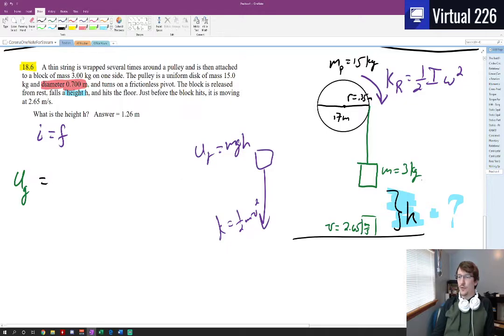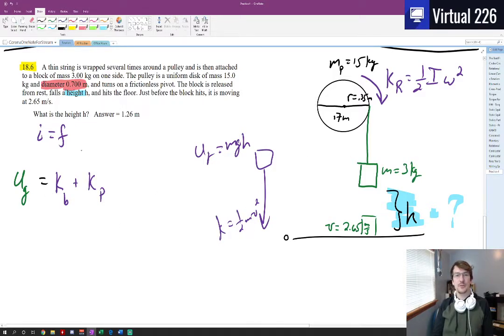As that block falls and strikes the ground, which we're going to call our reference position, so it has a height of 0 here, we've lost all of the gravitational potential energy. But this time we've gained a kinetic energy of the block, plus a kinetic energy of the pulley. So this is going to be our setup for our equation.